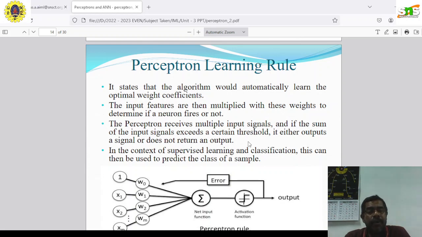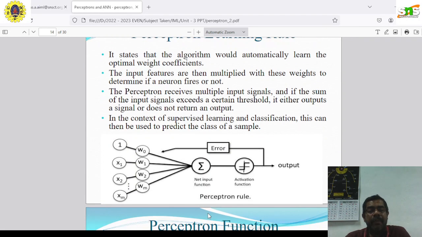It either outputs a signal or does not return an output. In the context of supervised learning and classification, this can be used to predict the class of the sample. In the diagram of the perceptron rule, we have x inputs and w weights, given to the net input function, which feeds the activation function.